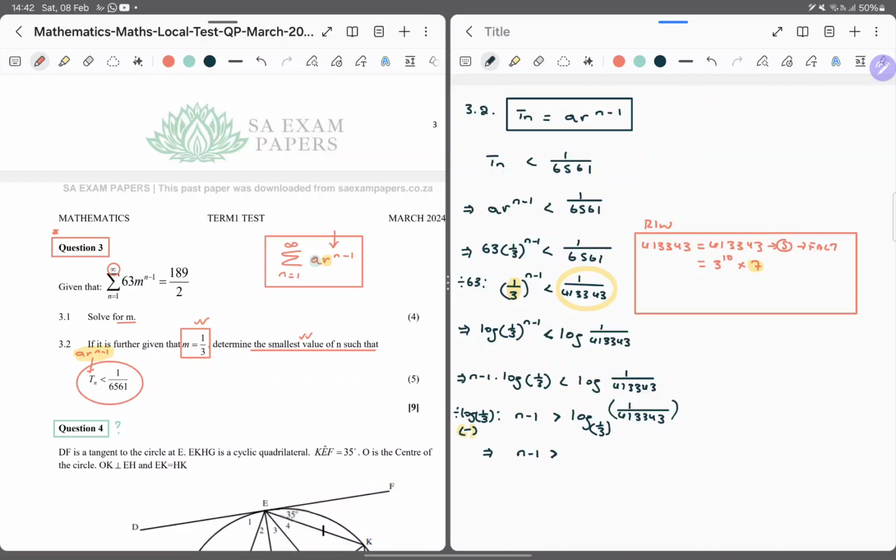Okay? So log of a base 1 over 3. In fact, log of that number. Again, please guys, learn to read expressions. If we've got log like this, it is read as log of a to base b. That's how you read it.